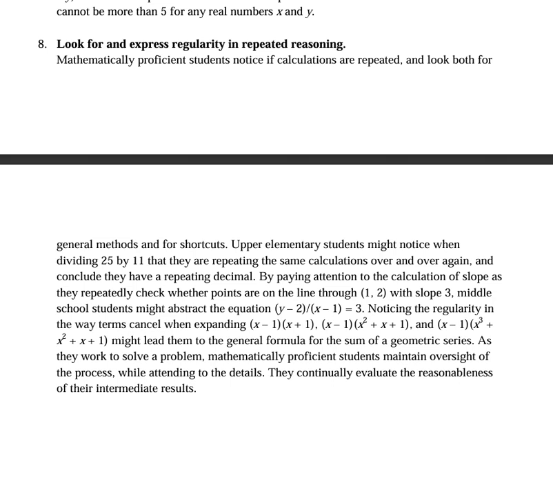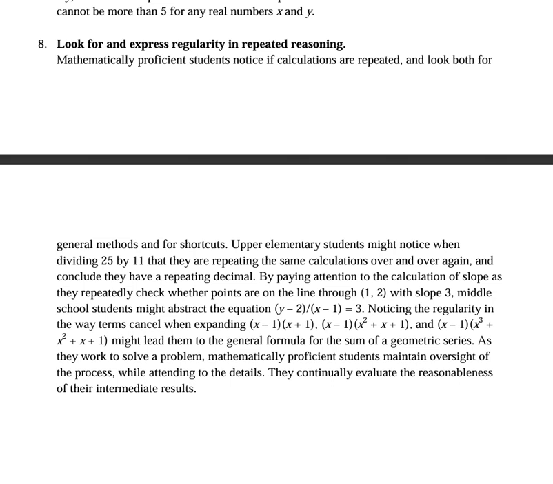(x minus 1)(x plus 1), (x minus 1)(x squared plus x plus 1), and (x minus 1)(x cubed plus x squared plus x plus 1) might lead them to the general formula for the sum of a geometric series.